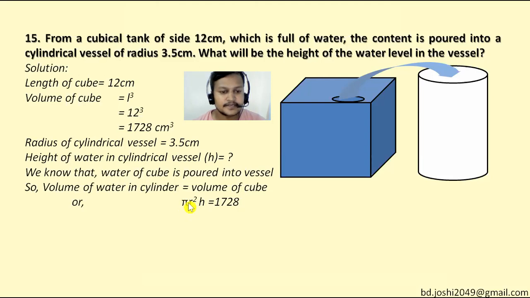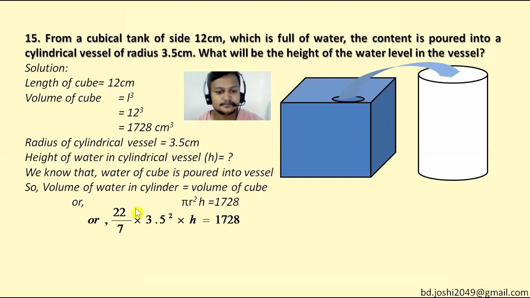Value of pi 22/7, value of r 3.5 centimeter, and h we don't have. So it's 22/7 into 3.5 square into h is equal to 1728. Find out the square of 3.5 and multiply that with 22 and divide it by 7. 3.5 square into 22 divided by 7.